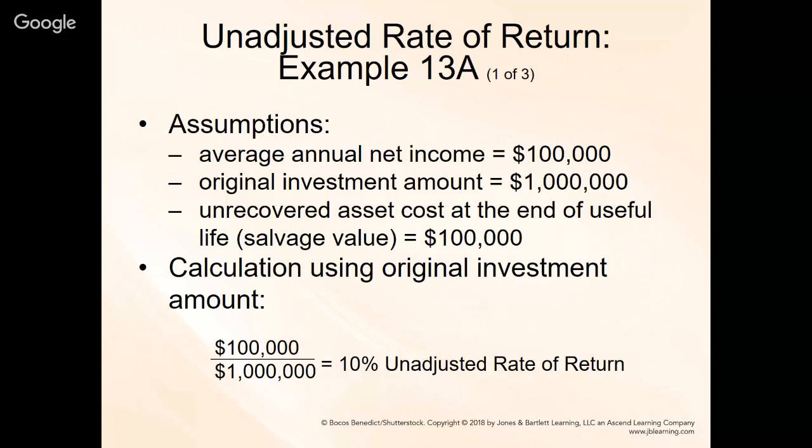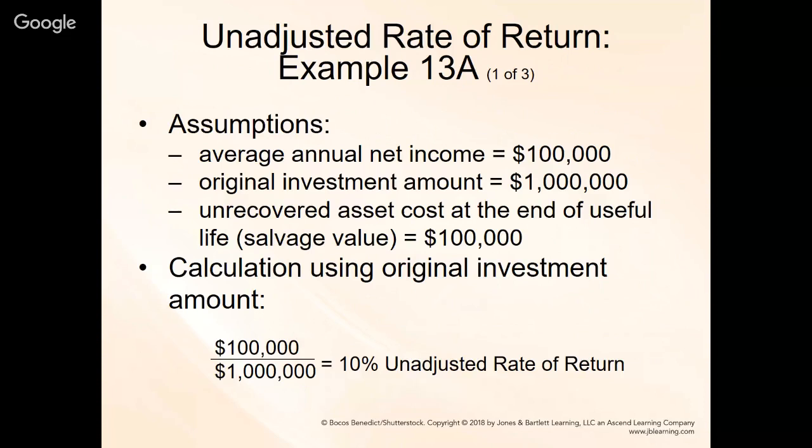Under your assumptions, the average annual income is $100,000, and the original investment amount was $1 million. Unrecovered assets, which is your salvage value, was $100,000.